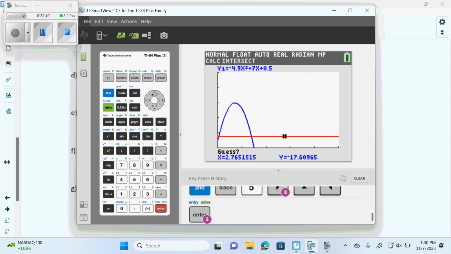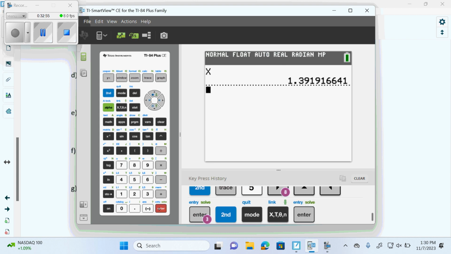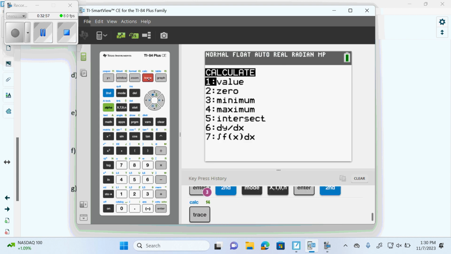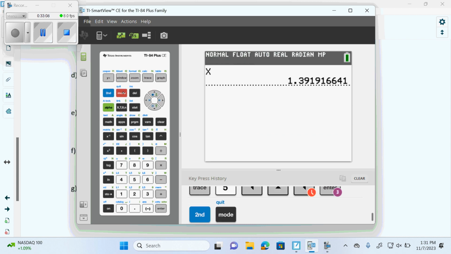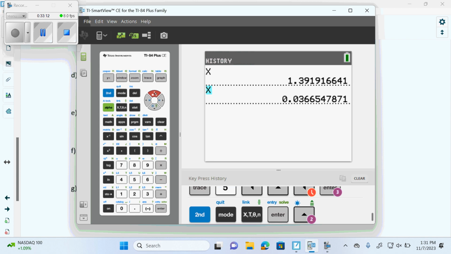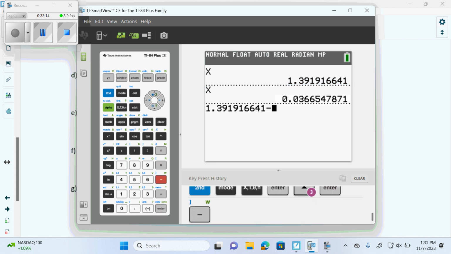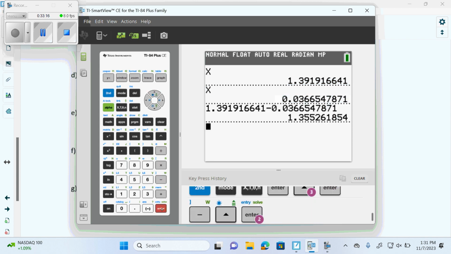Enter, enter, enter. And I get that. And then I go second trace 5 again, and I get that. And then I can just subtract them. And I get 1.36.